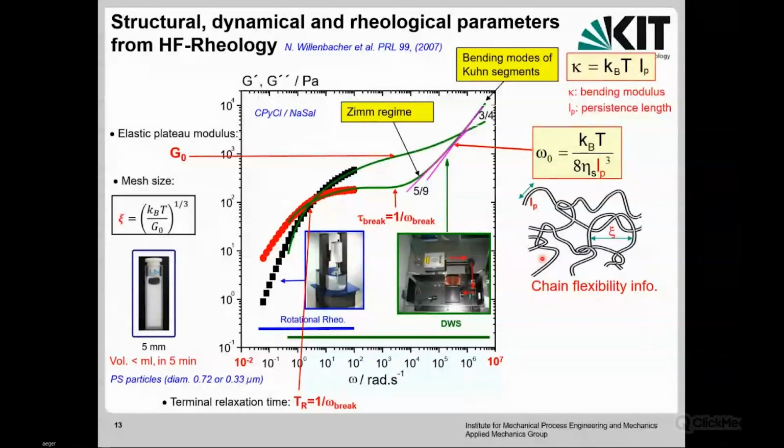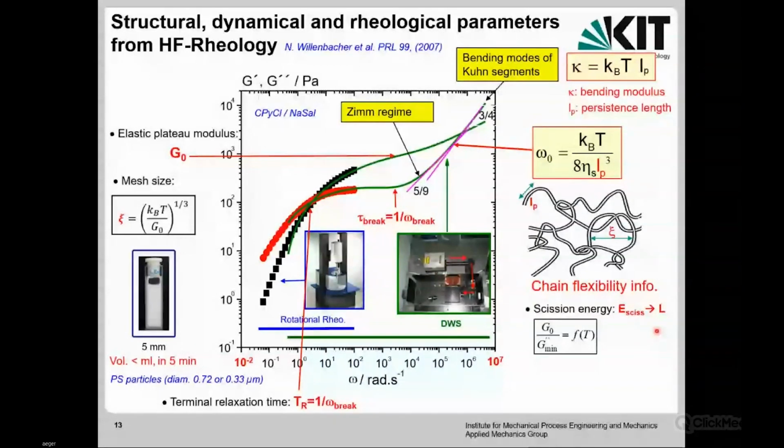And also from the intermediate regime, by performing a variation in temperature and making an Arrhenius plot of G0 divided by G'' minimum, we can calculate the scission energy of this chain, the energy needed to cut the micelle in two, which is related to the length. So we also get information about the length of the micelles.